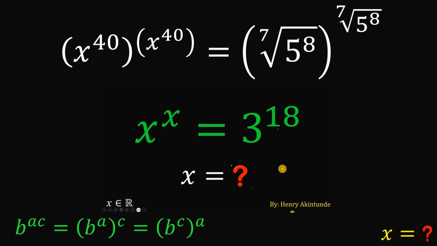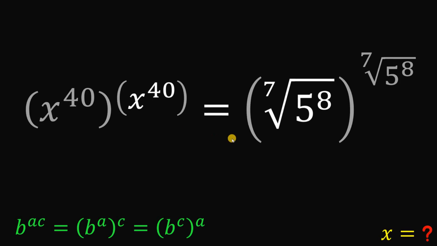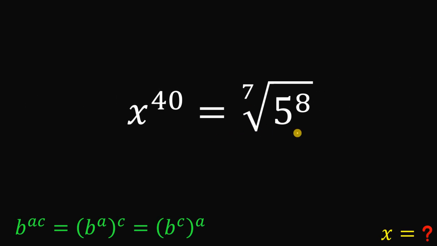I will put the link of this video in the comment section down below. So this equation has only one solution if x raised to the power of 40 is equal to the 7th root of 5 raised to the power of 8.